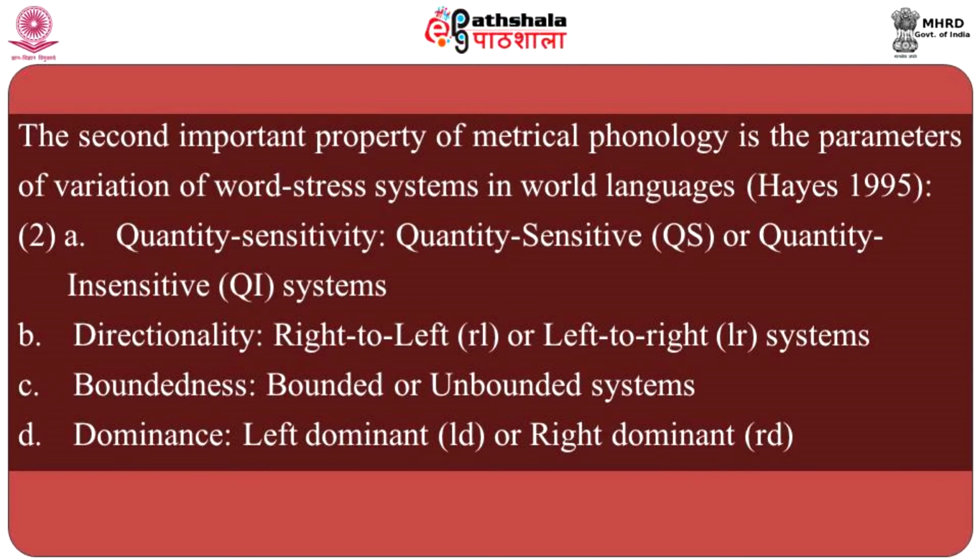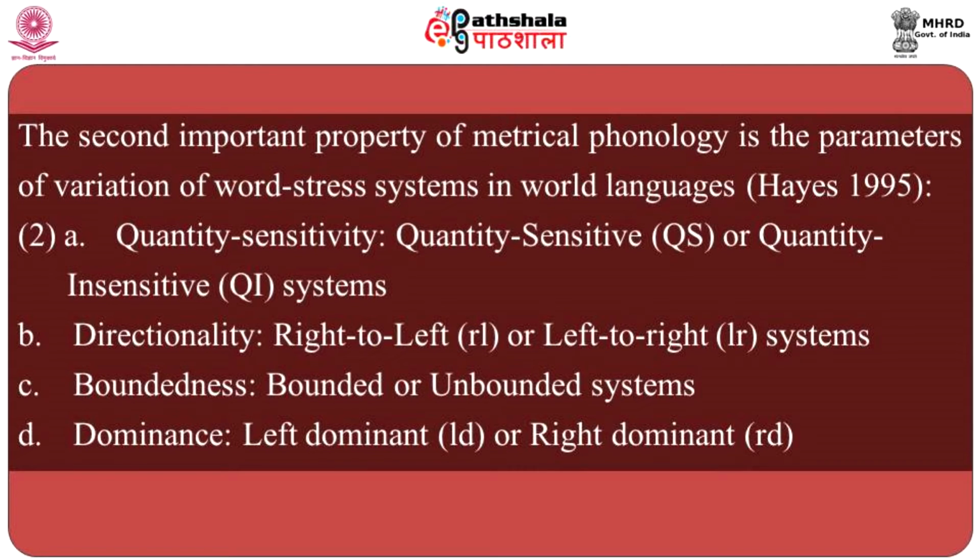The second important property of metrical phonology is the parameters of variation of word stress systems in world languages, as presented in detail in Hayes and summarized in Module 13 in the present course.